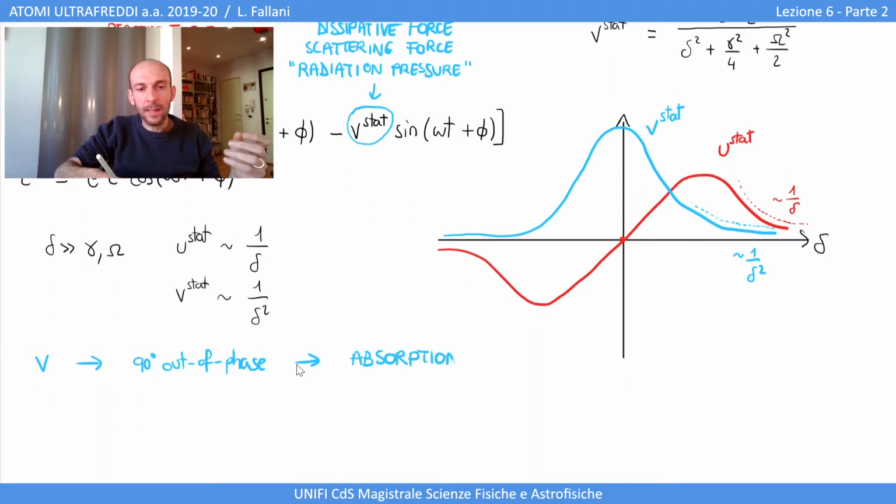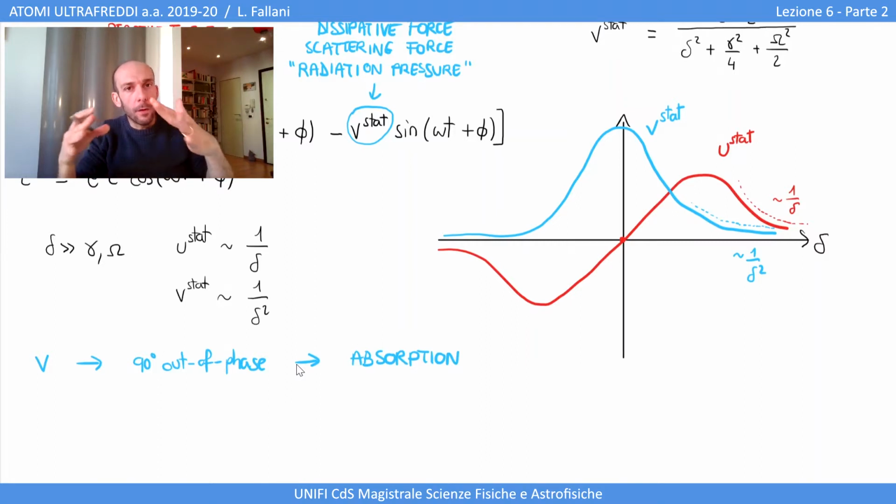So it is maximum on resonance, and then it goes to 0 with the Lorentzian function that we already discussed in the last lectures. I will make this connection to absorption more clear in a few minutes.